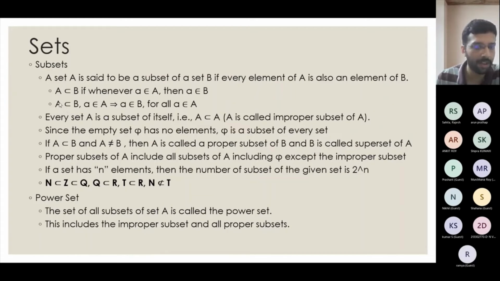And we denote it with a notation like this. Mathematically, it is written similar to the second line: A is a subset of B if for every element small a of capital A, that element small a is present in capital B as well. This is how we denote it mathematically.